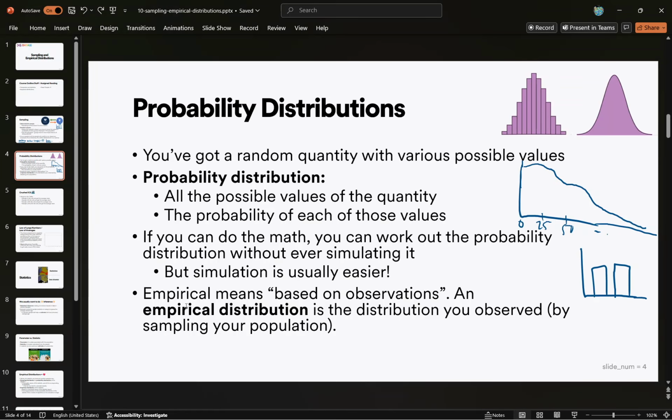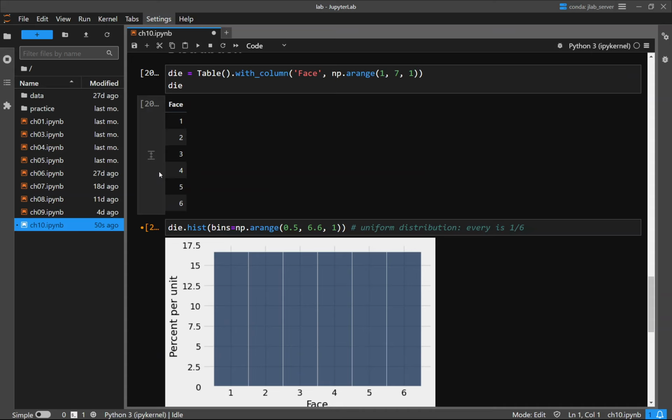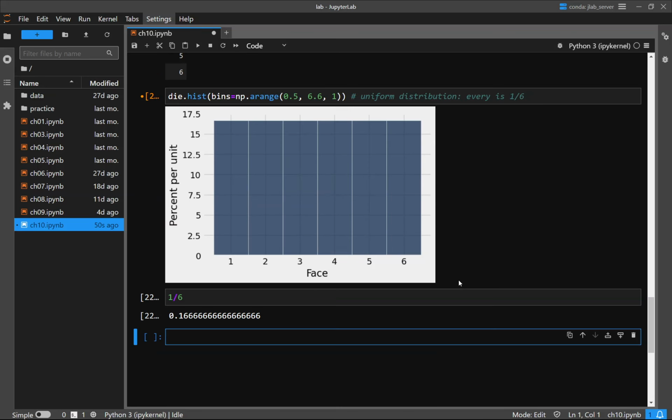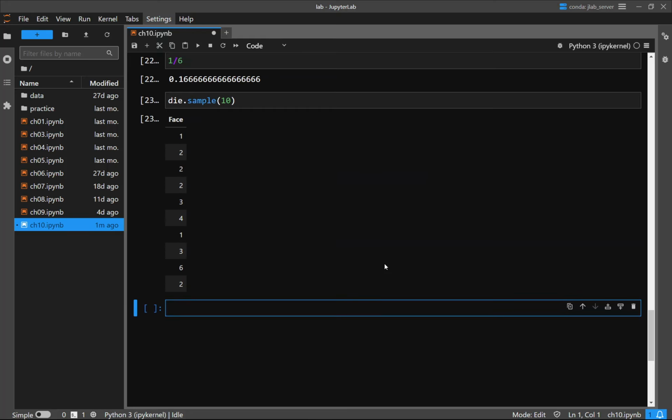But let's make an empirical distribution. Say that we didn't know that it was exactly this. Let's try to randomly sample from our sampling space here and see what we can get. I know how to sample stuff. I can say die.sample 10 or something. Does that make sense? I can take a bunch of samples and count how many 2s, how many 1s, how many 3s.